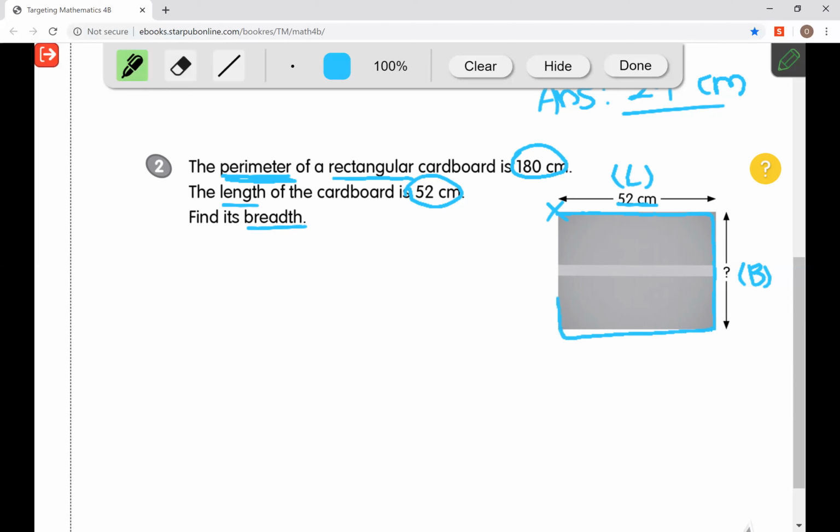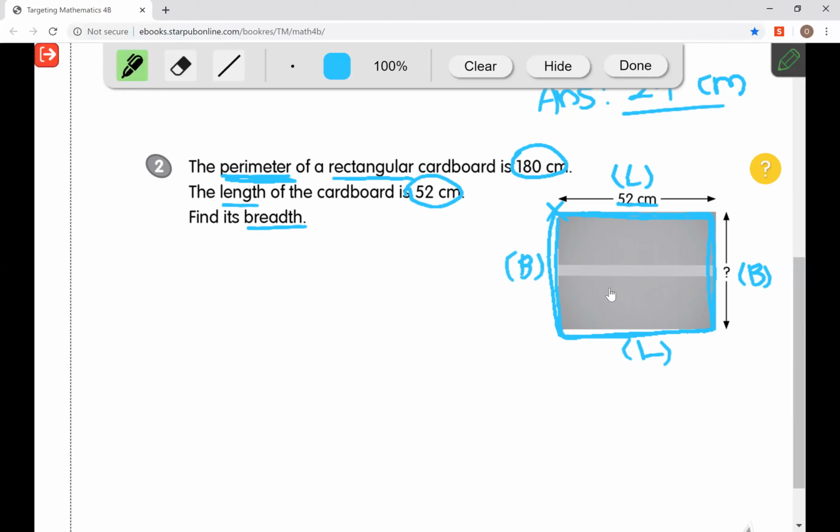Okay, so again, remember perimeter means that we walk 1 round around the outline of the figure. So while walking, we actually walk the distance of length plus breadth plus length plus breadth. So here bottom is also length and the left side is also breadth.